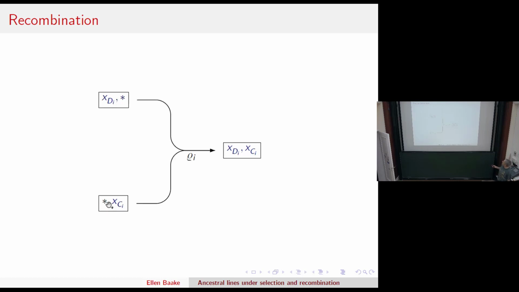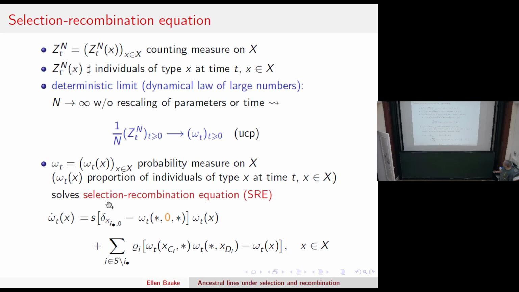And we can even write it shorter in terms of heads and tails. Then you see this corresponds exactly to this product here. So here you have the product of the frequency of parents that agree with x at the sites in the head times the parents that agree with x at the sites in the tail, and all the other sites don't matter.